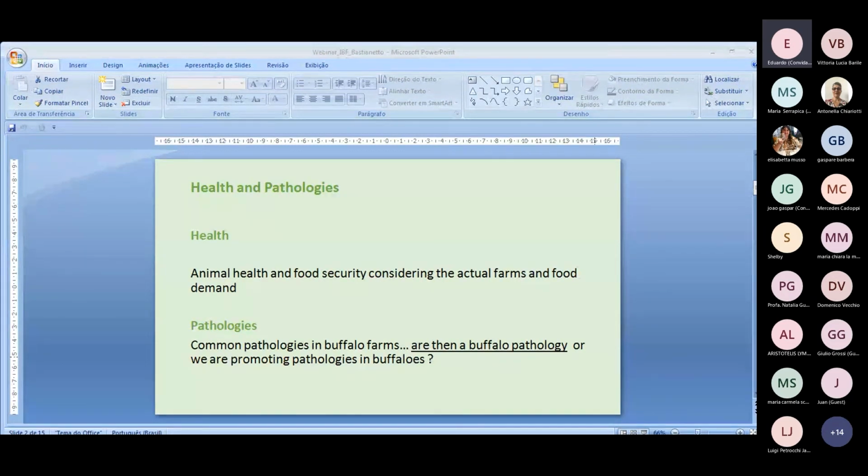Usually we pretend to talk about common pathologies in buffalo farms. But I wish to ask everyone to think whether there is a buffalo pathology out there, or whether we are promoting buffalo pathologies. I will try to show that sometimes we are promoting buffalo pathologies in function of the type of farms we are organizing.